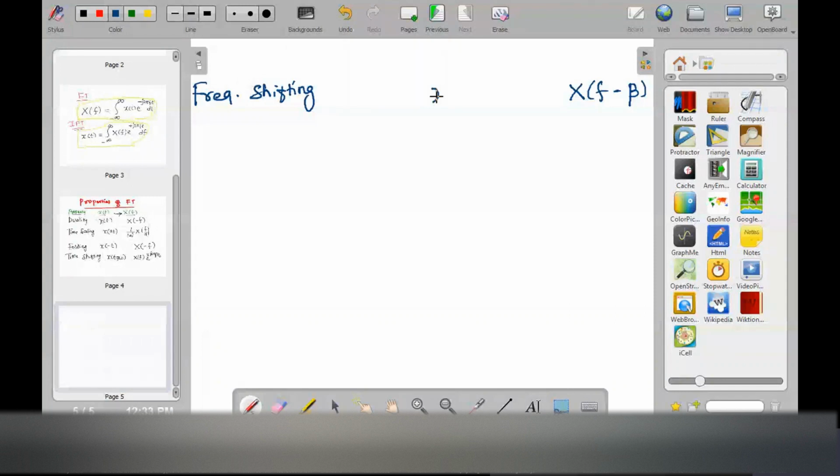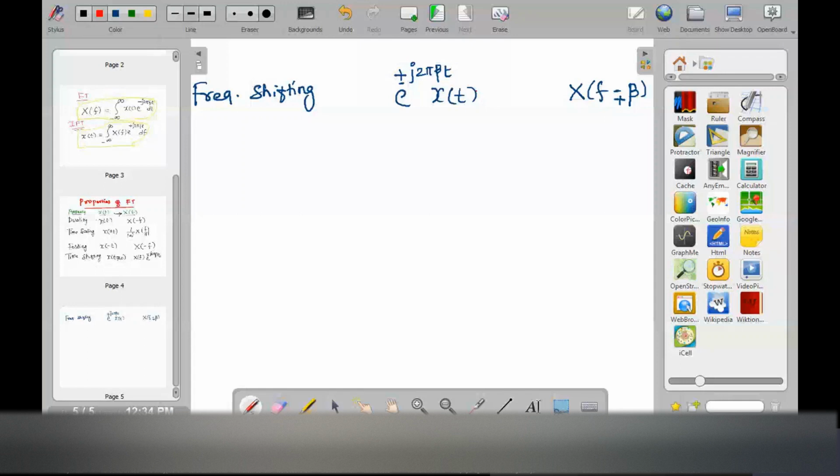That means in the time domain it will become x of t into e to the power plus j 2 pi beta t. See, if it is minus in the exponential power in one domain, you will get plus in the other. Suppose it is plus, you will get minus here. That means it is the opposite sign. That is frequency shifting, and this property is most useful for our communication subject, so everyone should know this property.